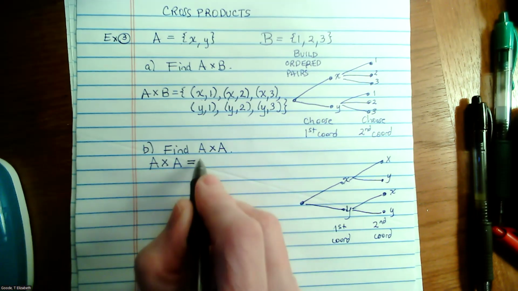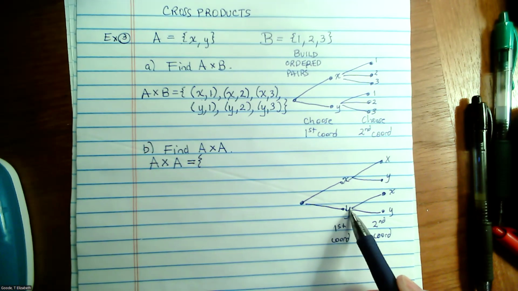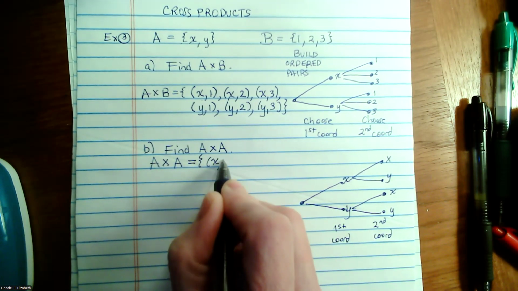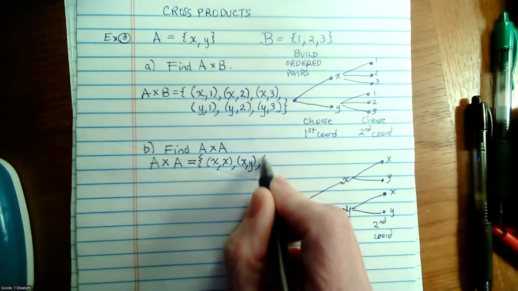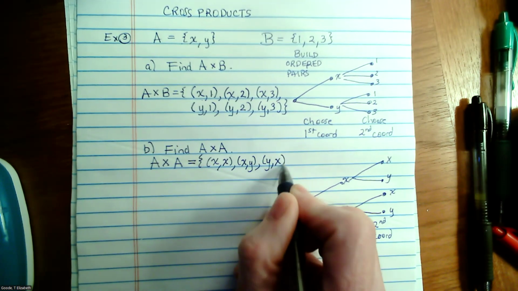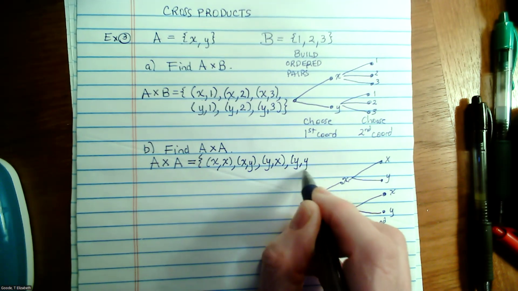So you see, it could be X comma X, or X comma Y, or it could be Y comma X, or it could be Y comma Y. Does that make sense? Yes. So it's kind of interesting when we have the same set contributing both coordinates.